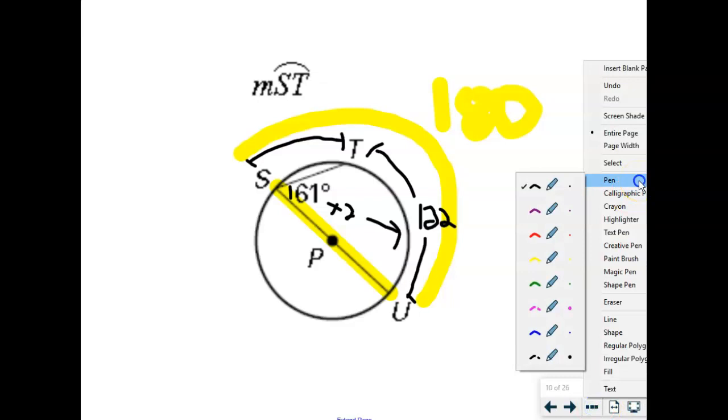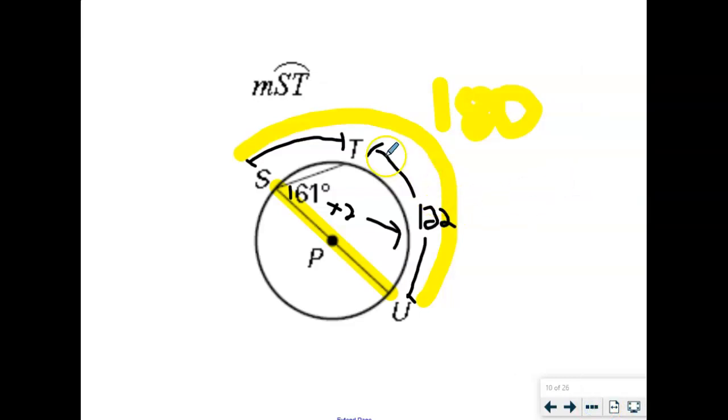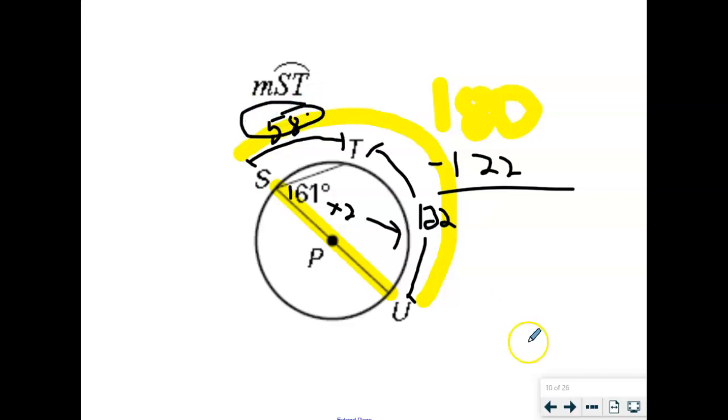So since this is 180 degrees and this is 122, just take the 180, subtract 122, and we get a total of 58 degrees. And that is arc ST. Alright, next problem.